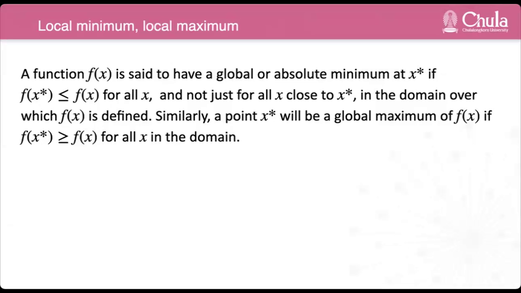Similarly, a point x star will be a global maximum of f(x) if f(x star) is greater than or equal to f(x) for all x in the domain. So we have to compare with all possible feasible x in the domain.